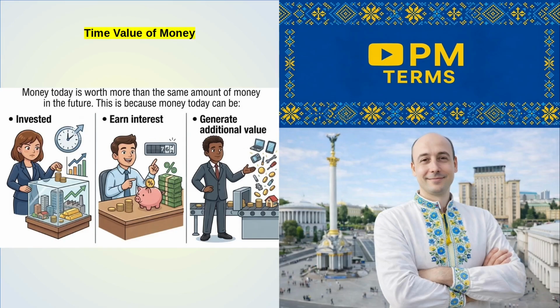This is because money today can be invested, earn interest, and generate additional value. Receiving $1,000 today is more valuable than receiving $1,000 3 years from now. NPV and IRR allow us to evaluate projects while considering this time value of money.